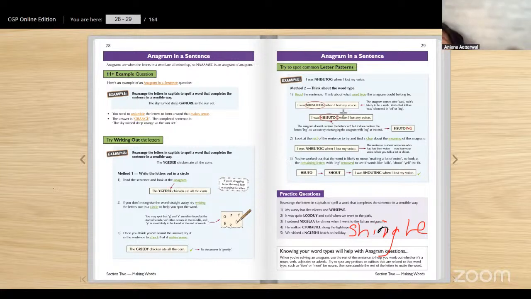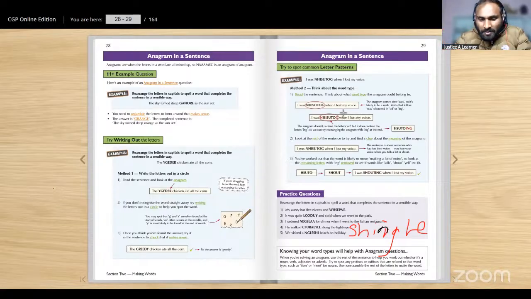Shingle. What is that? I just said anything. You do not know the meaning of shingle? No. It would be related to something like clicking, a kind of sound. Can you read the sentence? We visited a shingle beach on holiday.